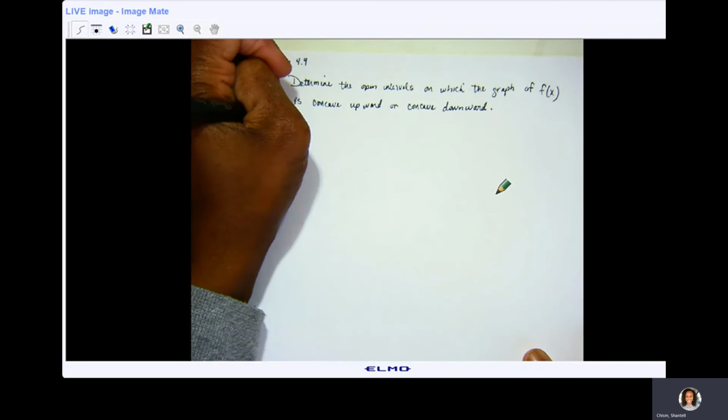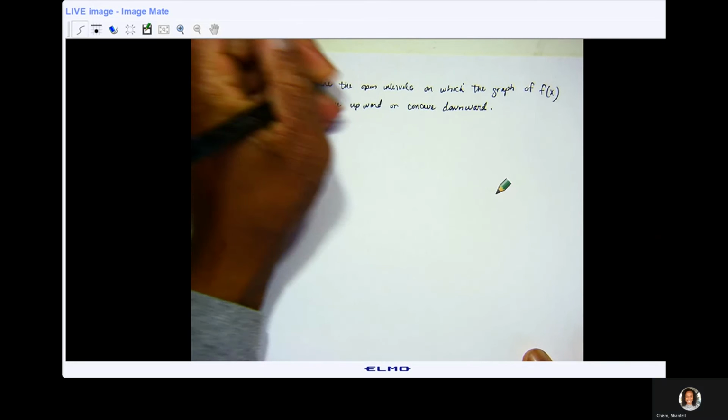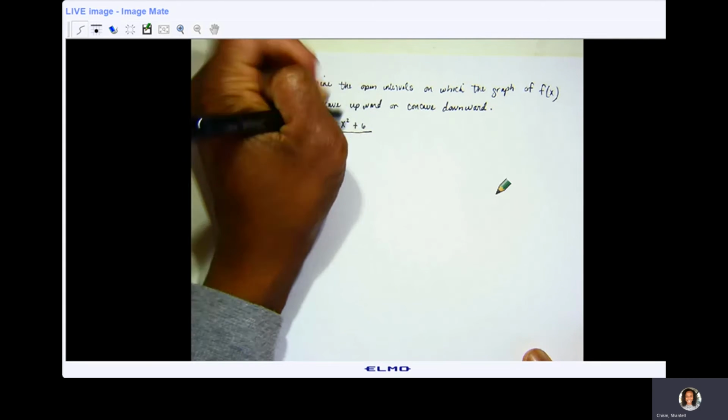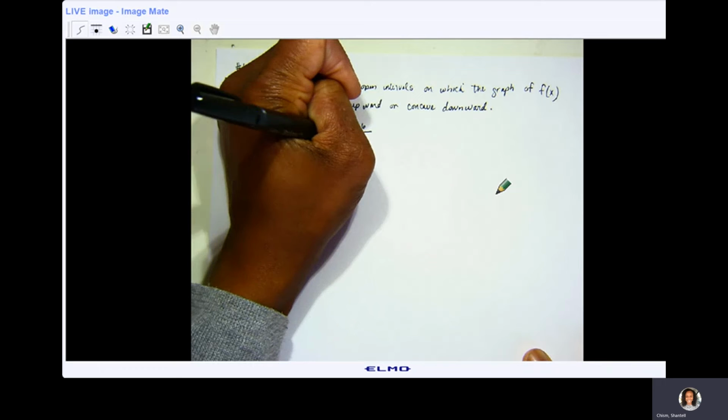So your function is x squared plus 6 all over x squared minus 4.